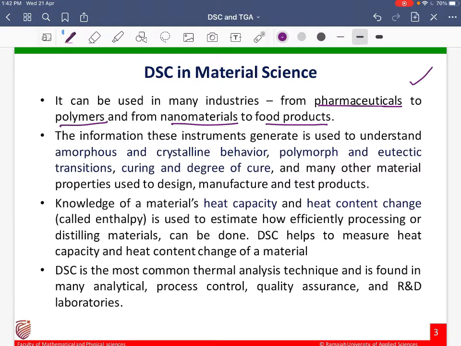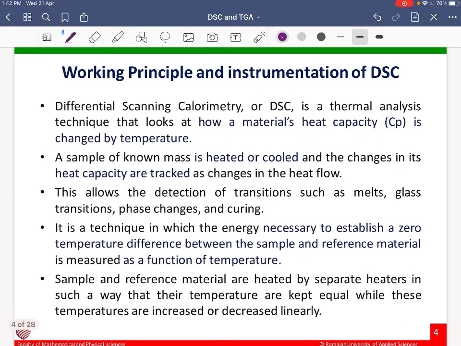So by measuring these, DSC can be used to design processing methods, distillation methods or separation methods in the chemical industry or any other materials-related industries. DSC is the most common thermal analysis technique and is found in many analytical, process control, quality assurance and R&D laboratories. We will now start the working principle and instrumentation of differential scanning calorimetry.